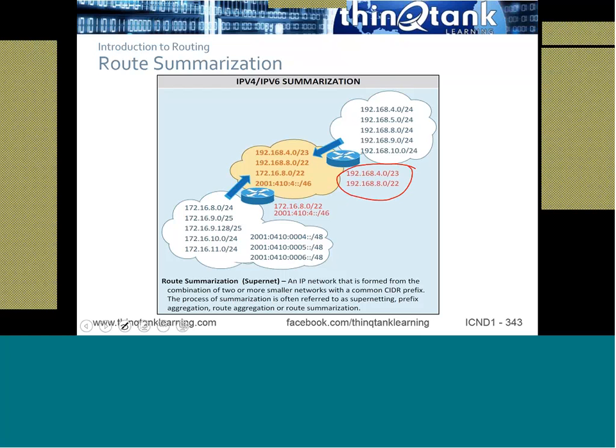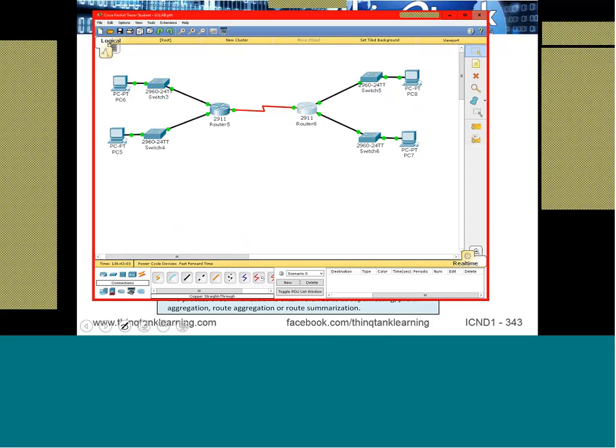So the question was, wouldn't the 8.0/22 also include other networks? All right. Now, we haven't gone into the math yet, guys. I've just explained the concept, right? We're going to be looking at how these are calculated here in a second. In fact, let's go ahead and do that right now.